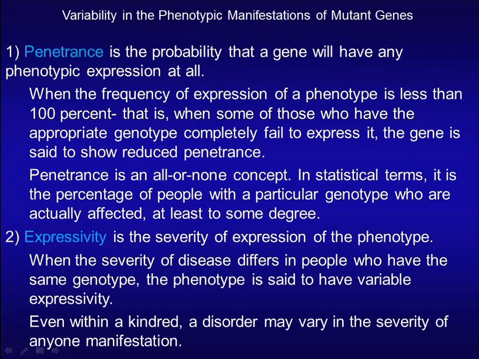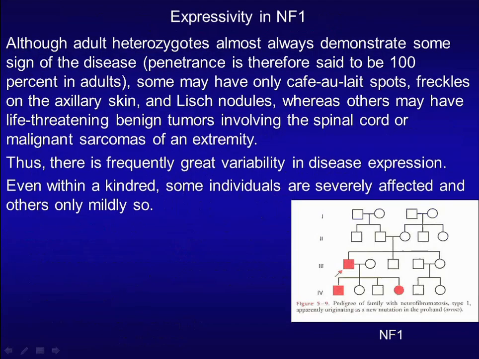Penetrance is the probability that a gene will have any phenotypic expression at all. Expressivity is the severity of expression of the phenotype. For example, some people with NF1 have only cafe au lait spots and freckles on the axillary skin.